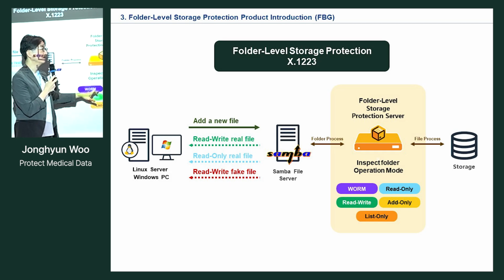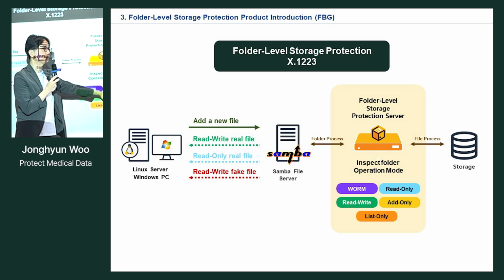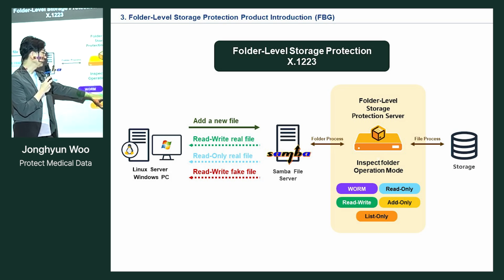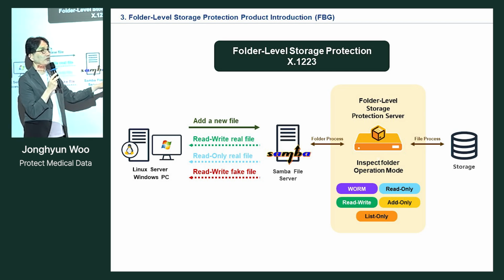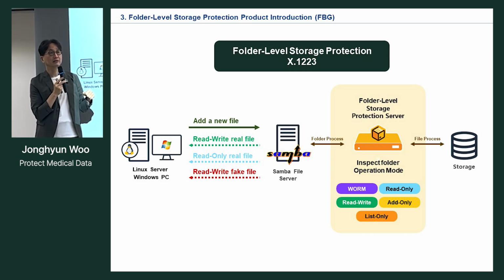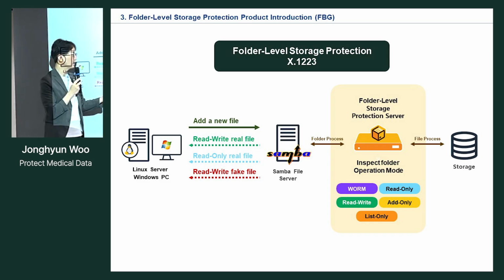But after that, if the admin of the file server changes the operational mode to read only, it only works as read only. And if they switch to add only, it is only allowed to create a new file, but it does not allow reading a file.